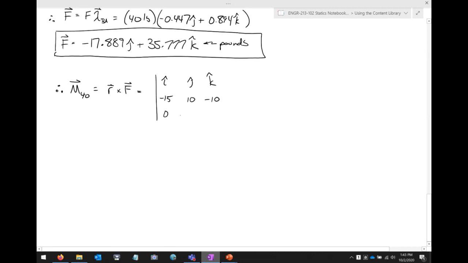And then the force is 0, minus 17.889, and 35.777 in k, and then there's that.